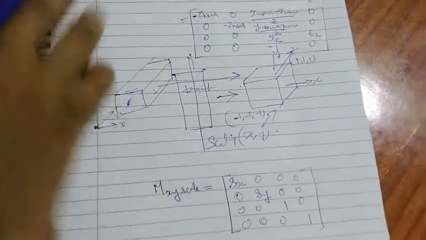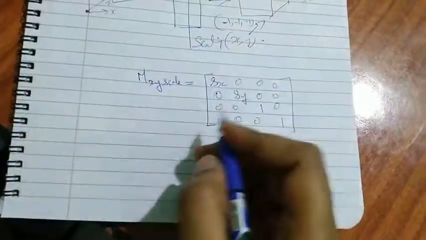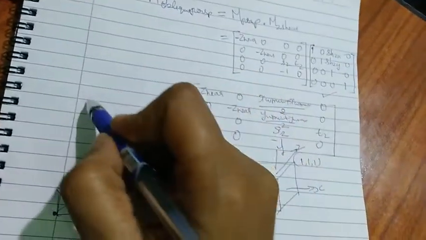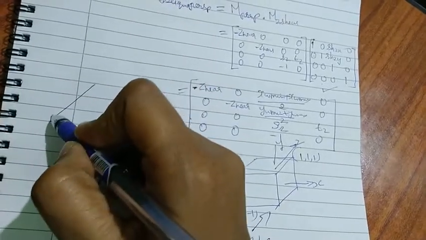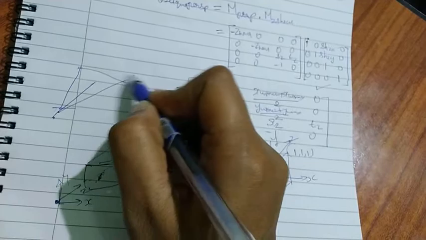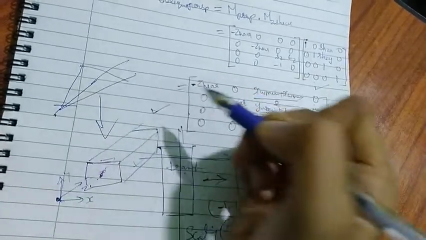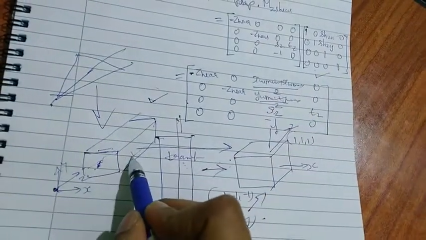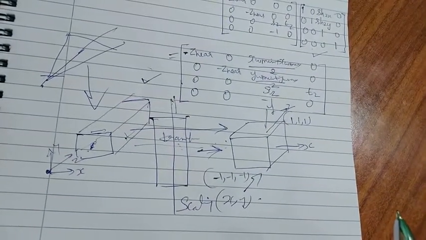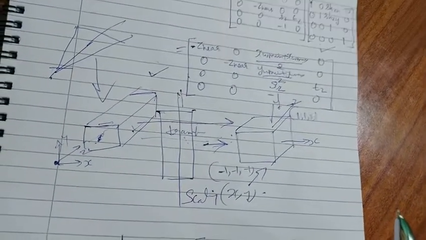Now we have already come across the matrix from oblique to orthographic. Next we have to go from orthographic to the normalized cube.